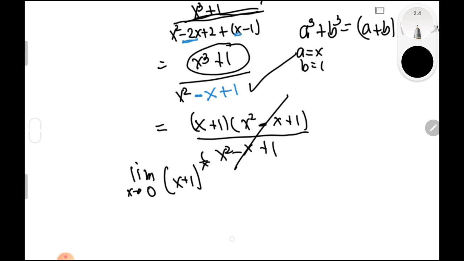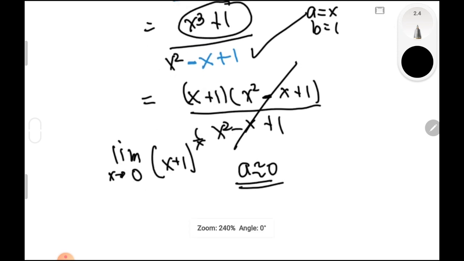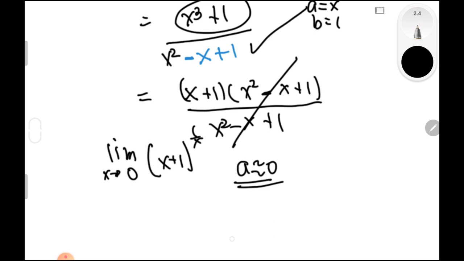Okay, so probably pag hindi mo alam yung theorem na yan, wala kang sagot. Okay, pero pag ang gagawin mo, magsasubstitute ka ng value na malapit sa 0. Let's say a is approximately equal to 0. Okay, so therefore magkakaroon ka ng sagot na equal to 2.71, which is e.